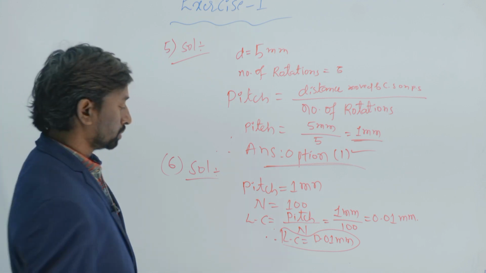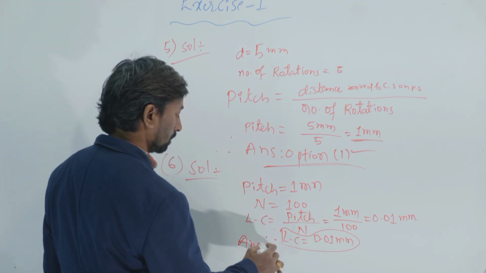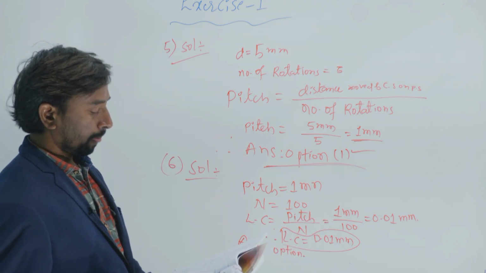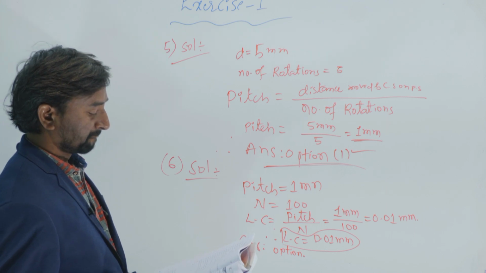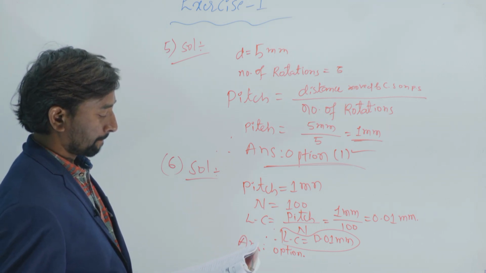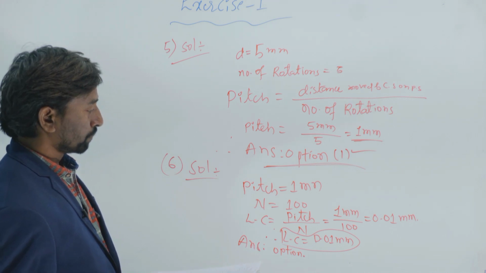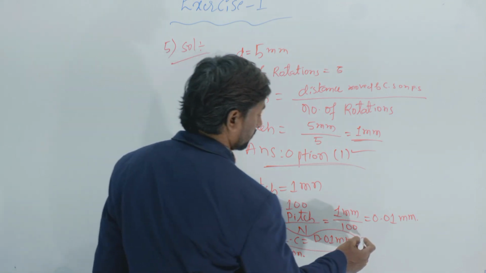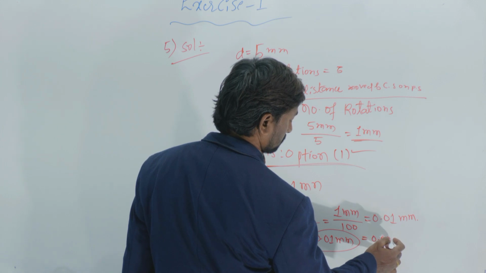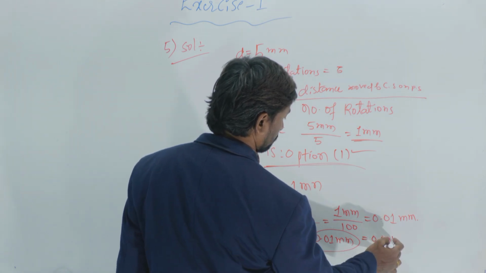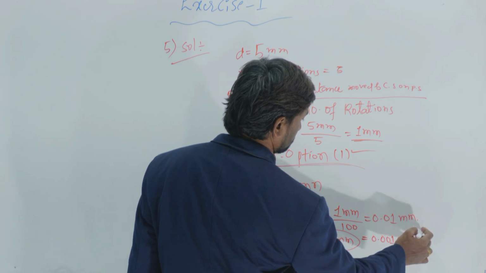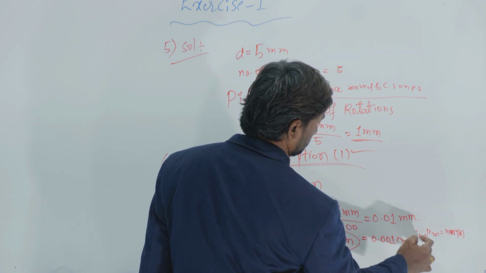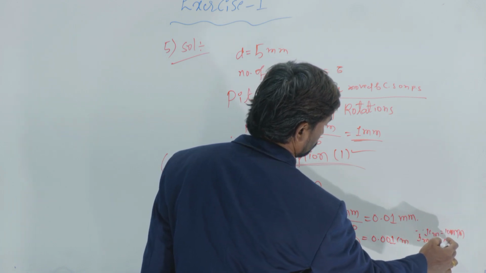So now the correct option is the sixth one. The options are given in centimeters, so this will be converted into centimeters, which is 0.001 centimeters, since 1 centimeter is equal to 10 millimeters, then 1 millimeter is equal to 0.1 centimeters.